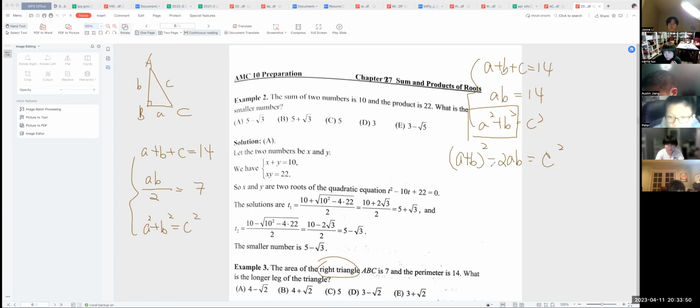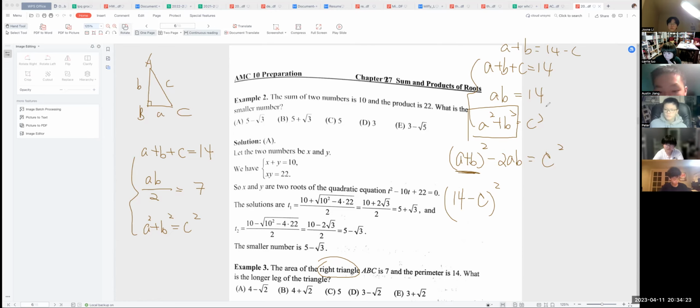Because A plus B squared equals A squared plus B squared plus 2AB. Then I take away the 2AB. Whatever is left here is what? B squared plus A squared. Correct, everybody? Okay, so now, because A plus B plus C equals 14, I can replace this, because A plus B equals 14 minus C. So that's why A plus B squared equals 14 minus C squared.